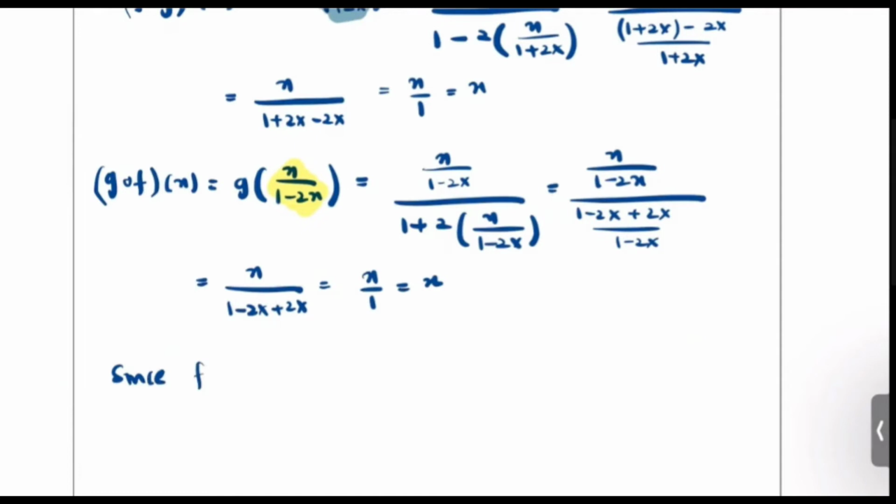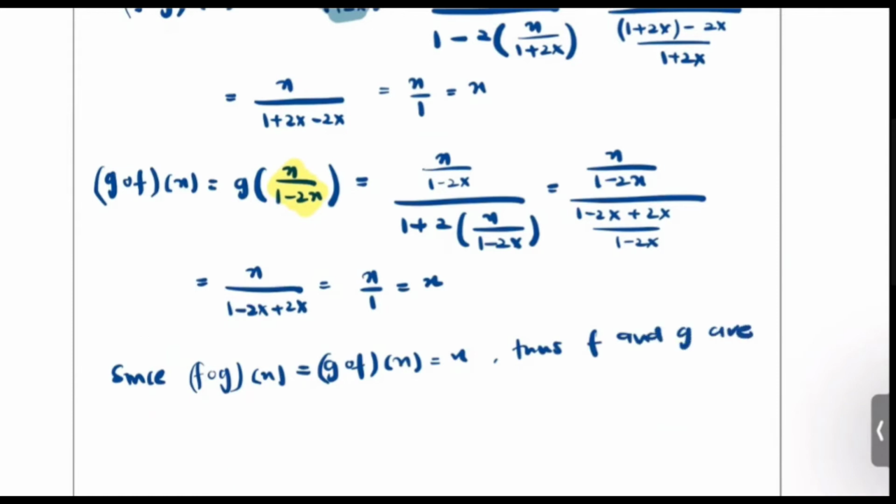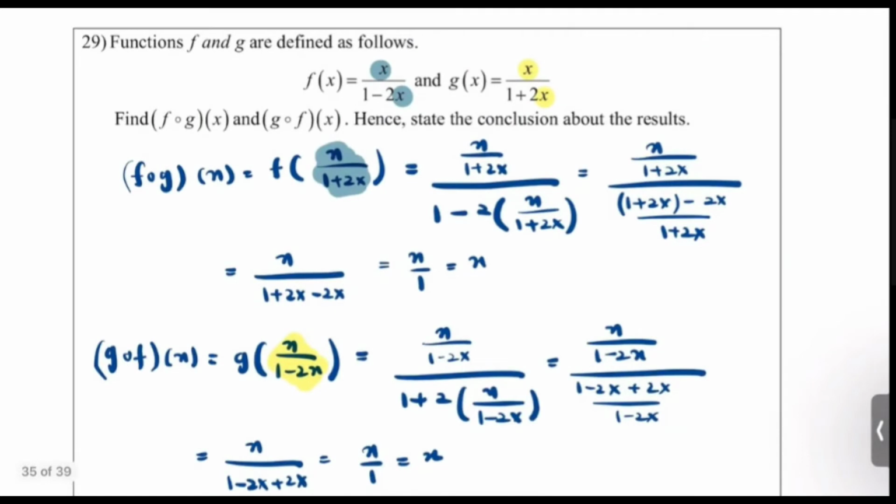Since fg(x) equals to gf(x) equals to x, thus, f and g are inverse of each other. Okay, so that is how to do it.